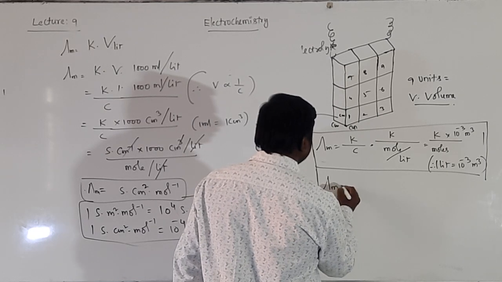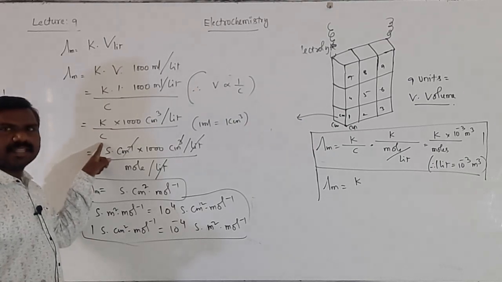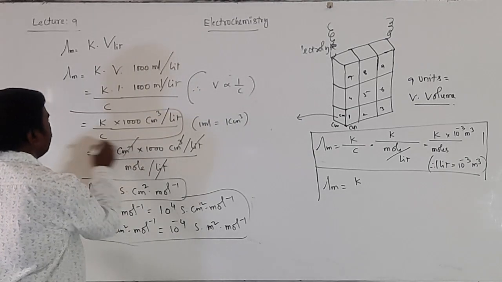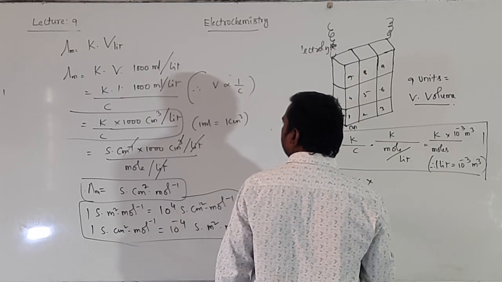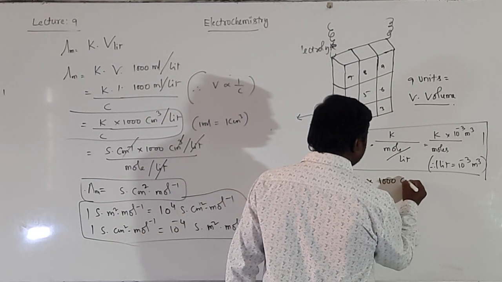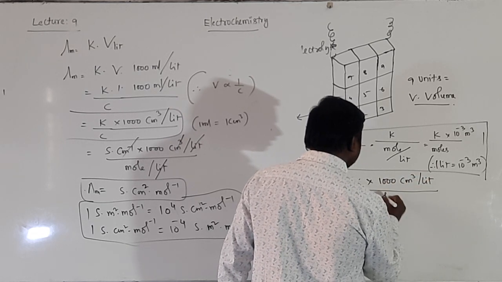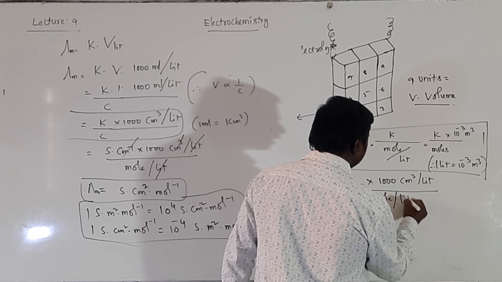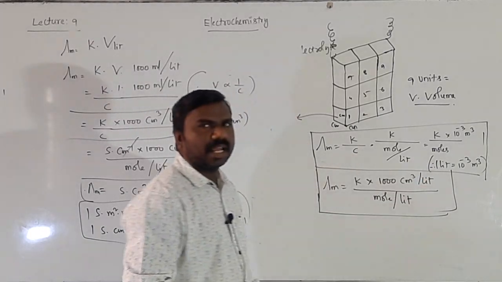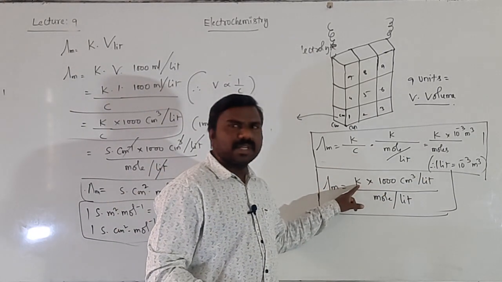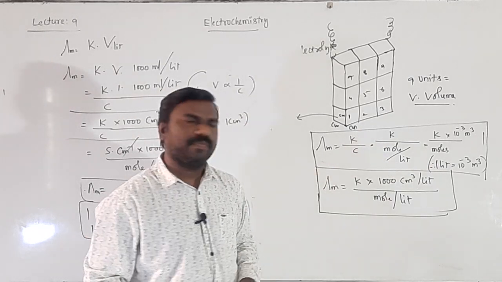Lambda m equal to K into 1000 by C. This is the formula in centimeters. It is the formula in meters. K into 1000 centimeter cube per liter by moles per liter. Getting all of you? Per liter cancelled, Siemens centimeter inverse and centimeter cube becomes centimeter square.